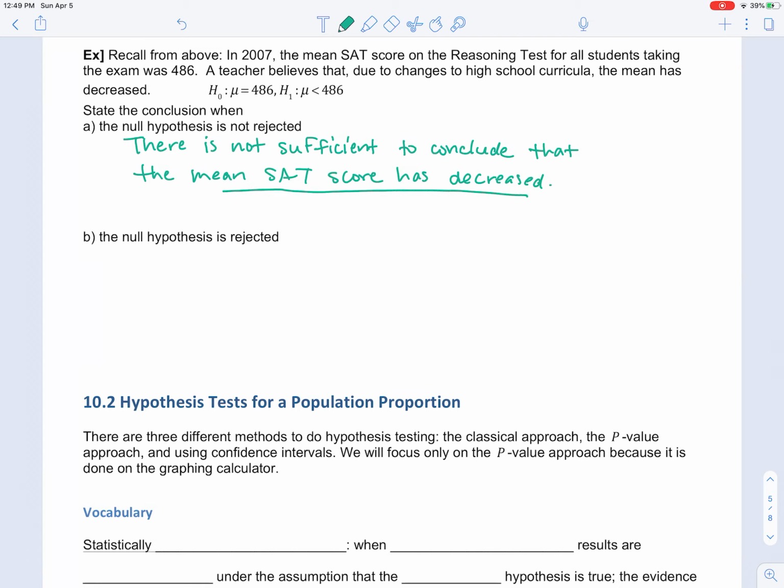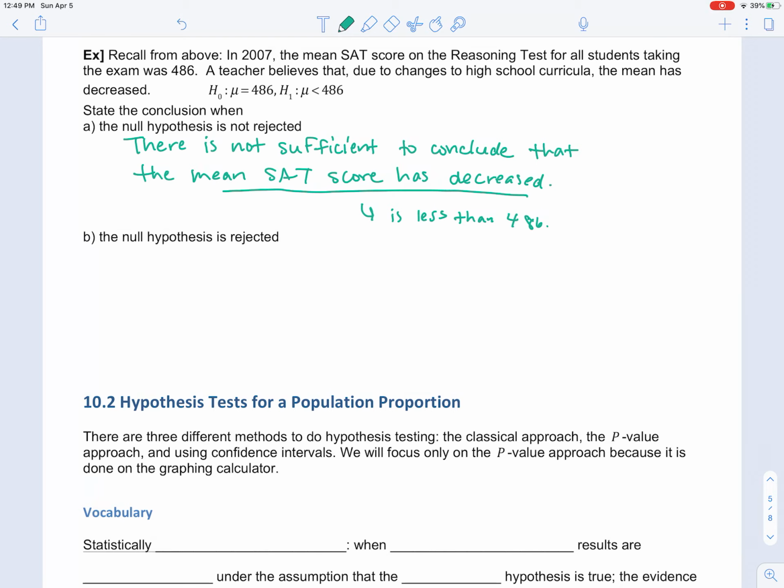So in your conclusion, you kind of restate the alternative hypothesis. I use the word decreased. You could choose to say there is not sufficient evidence to conclude that the mean SAT score is less than 486.